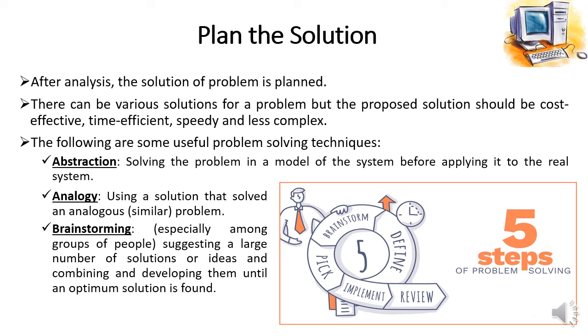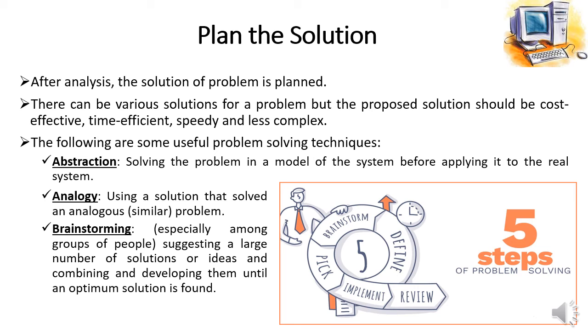So here in this image you can see how this process goes. First of all we define the problem, then we brainstorm, which means we analyze the problem and figure out the possible solutions. In most cases there are several solutions for a single problem.